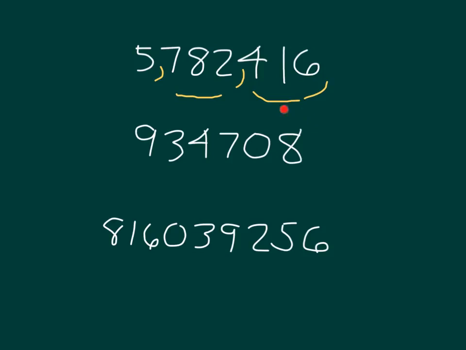Let's look at this next number here. Let's place our commas. How many commas do we need? Can you write it out on a piece of paper? Did you place 1 comma? How many thousands are in this number? Did you answer that there are 934 thousands in this number? Were you able to read this number?